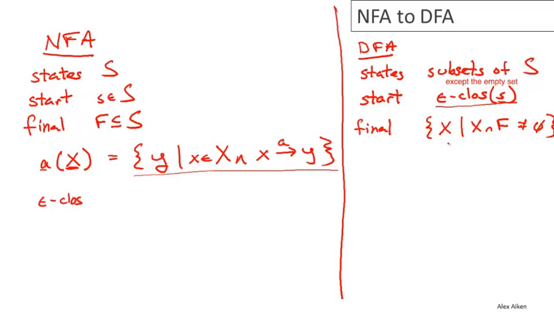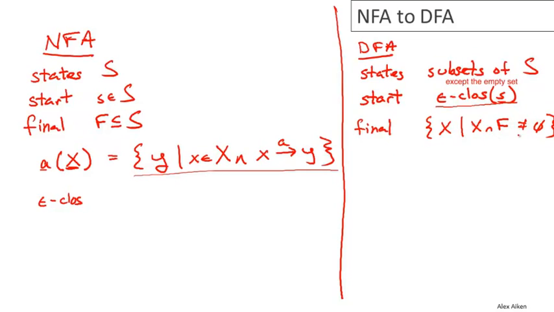Because remember, the goal of the NFA is just that it has some computation which accepts the input. It means there's some way to get to a final state. And so if any of the states is a final state, we're happy. And we can capture that here by just considering every state that has at least one final state of the non-deterministic machine as a final state of the DFA.